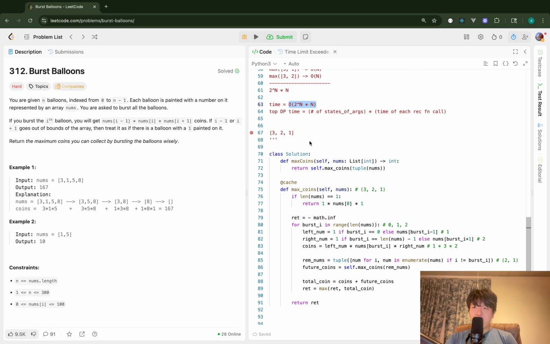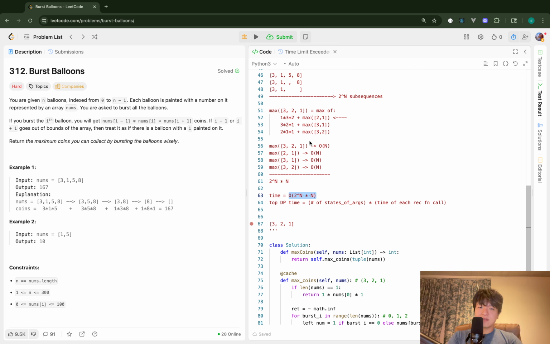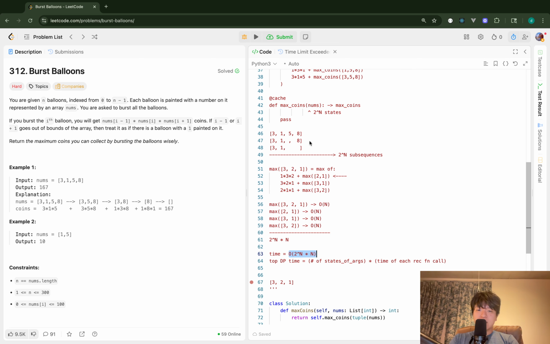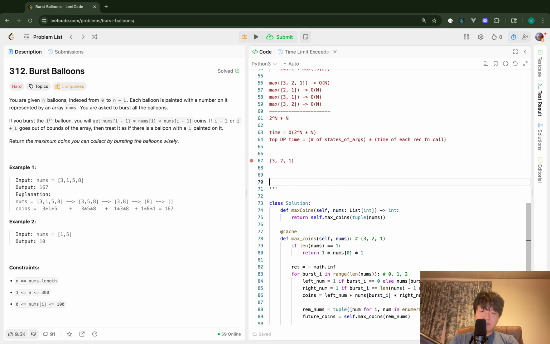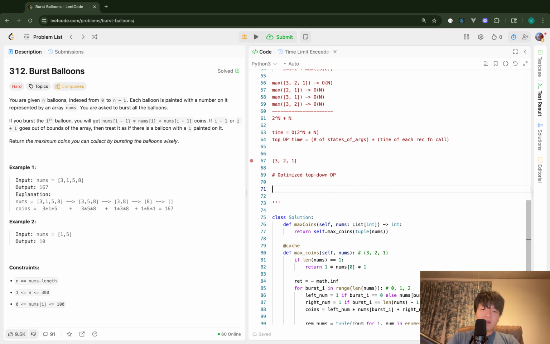So today, I will try to optimize this. I will think with this example.